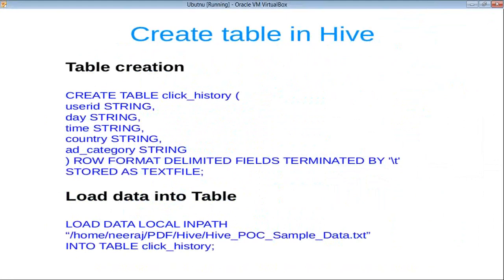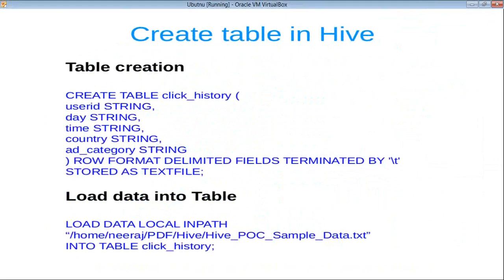Create table click_history. I have just given some name, click_history. User ID, that is string, day, that is also string, time, that is also string, country, that is string, and the last, ad category, that is also string.